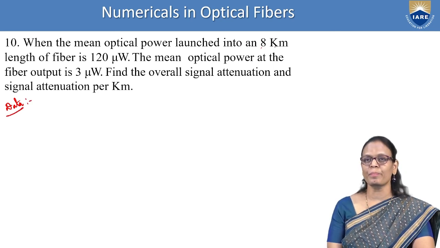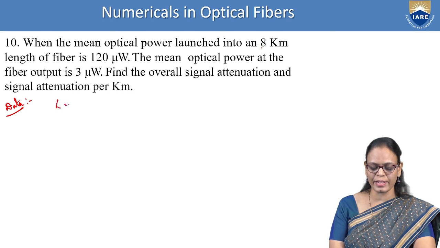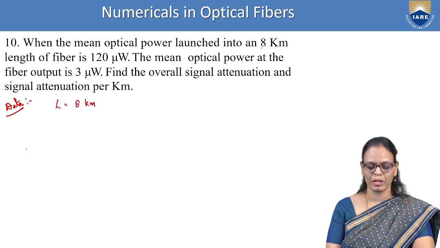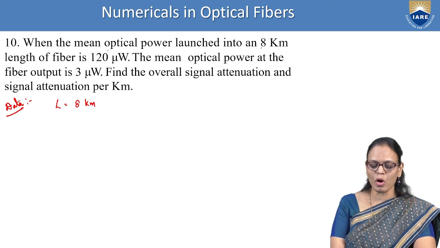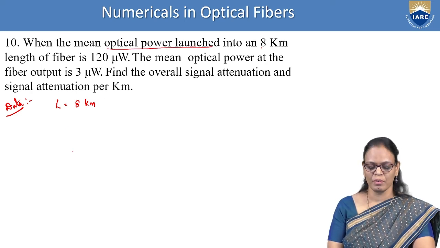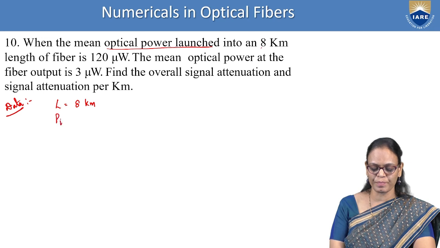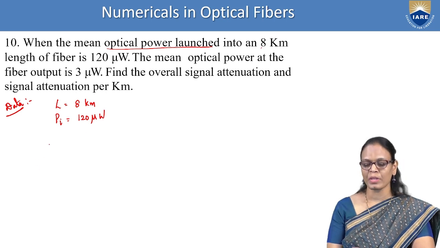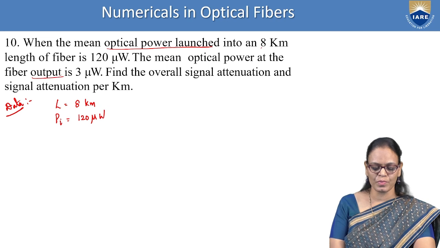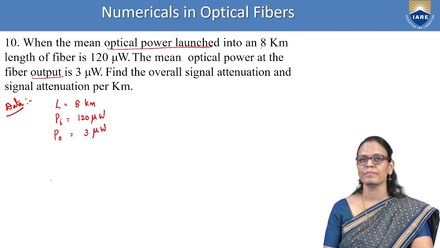What is the length of the optical fiber? Given as L is equal to 8 kilometer. The mean optical power launched means the power input is 120 microwatts. And the mean optical power at the output, so the output power P0 is 3 microwatts.